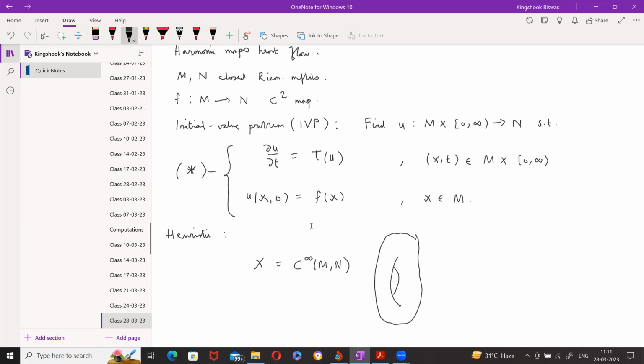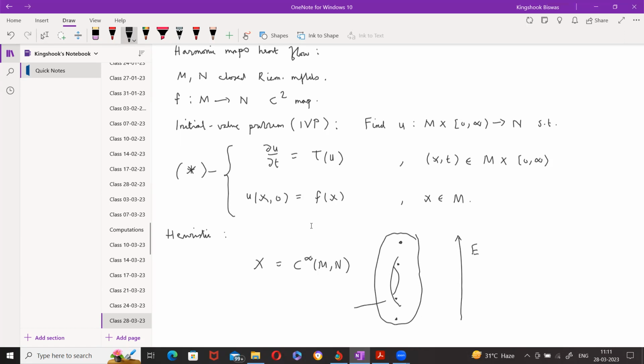And then on this space, you have the energy function, which is like a height function. And then you have critical points of the energy function. There's a critical point here, here, here, and here.